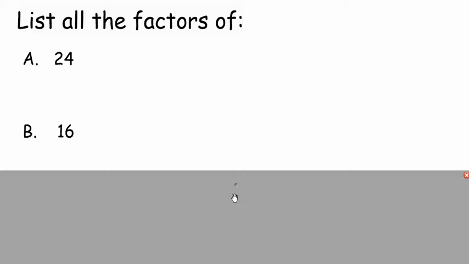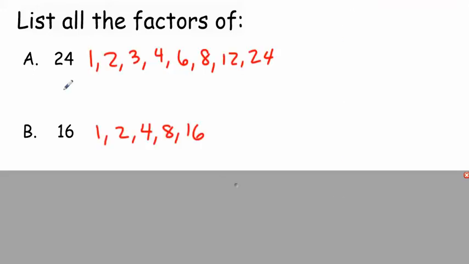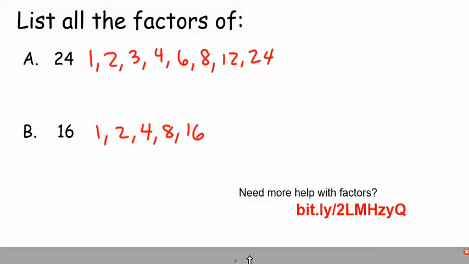Make sure they're in order from least to greatest. All right, so check your answers. Hopefully you have those. There's no problems there, okay? If you're having more problems, you're really having difficulties with this, go to this website right here and watch a more detailed video on factors, okay? All right, but we're going to move on.